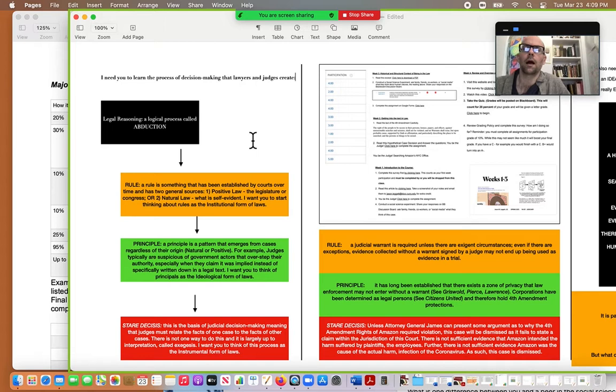I want you to think about this as the institutional form of laws, because whether you're looking at it from a natural law, self-evident point of view, or reading and translating legislation is going to uniquely influence how you apply the rule. I'll come back to this.